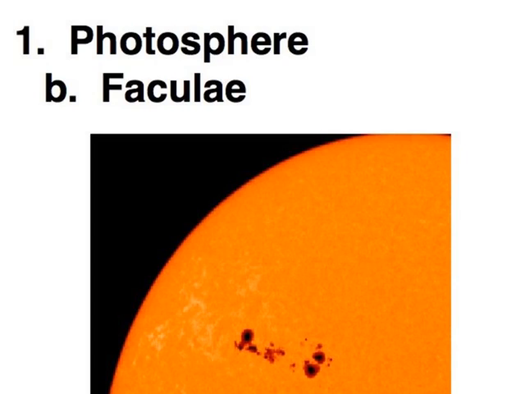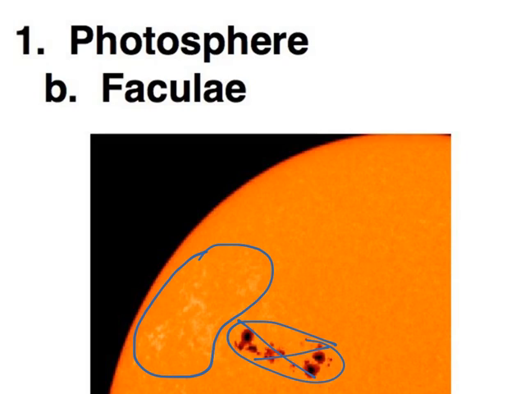Another feature we see on the photosphere are called faculae. It is not these things. We're going to talk about those in the next slide. What we're looking at are these lighter features over here. And so these light features are actually places that are hotter, which is why they look white against the background.